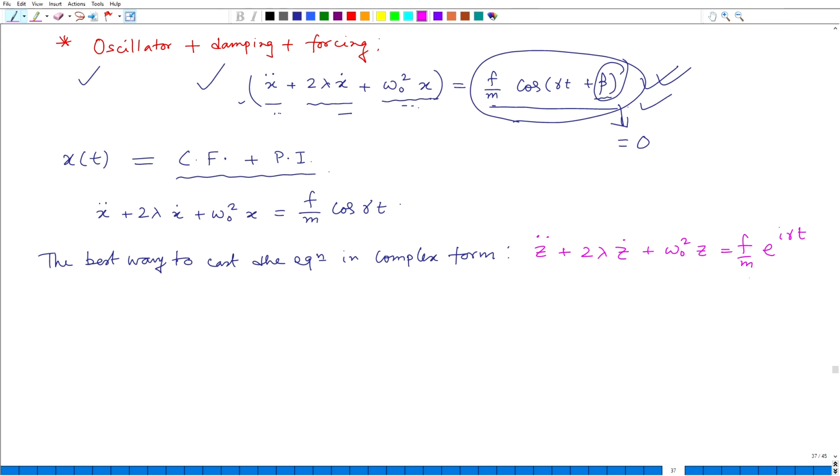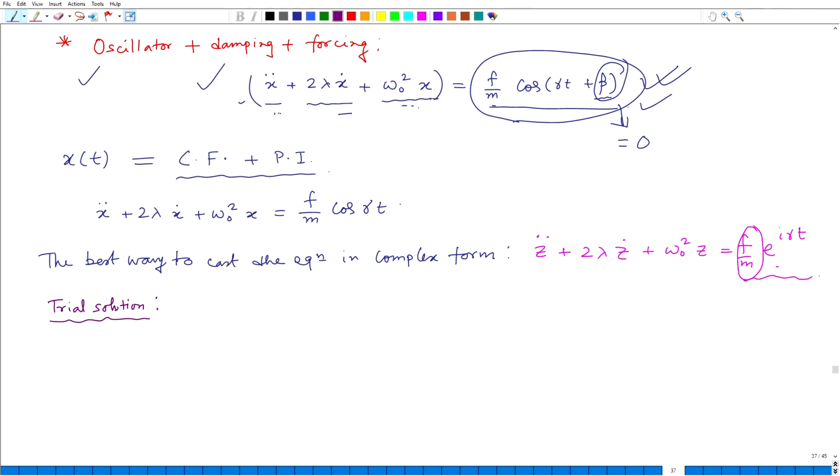There is no phase, so that means even with this I have a real amplitude. That is something we can make. We search for a trial solution.